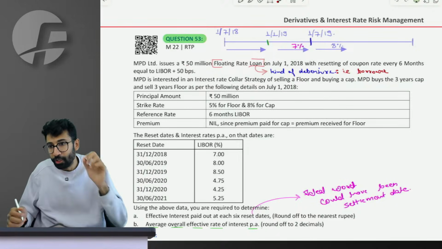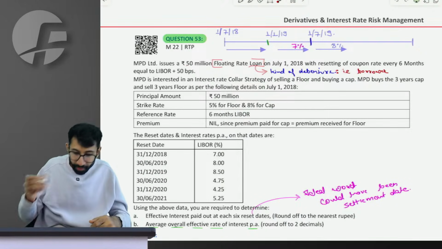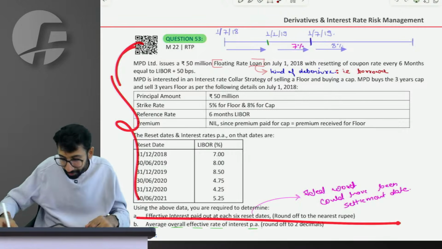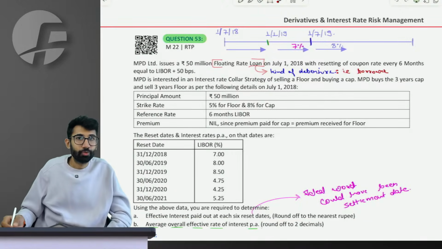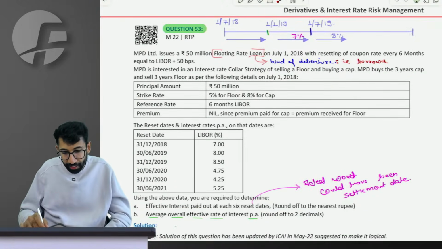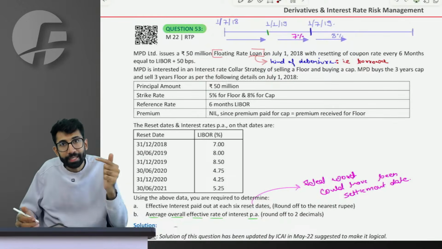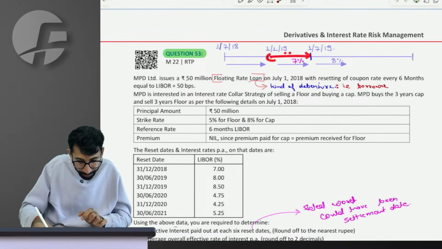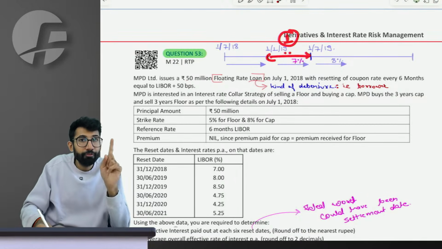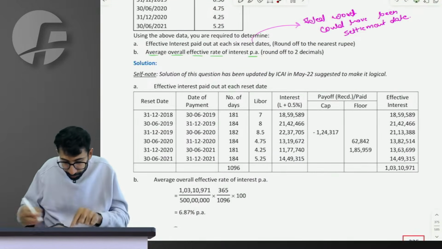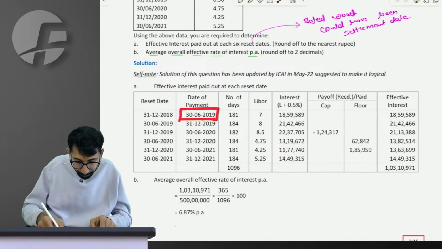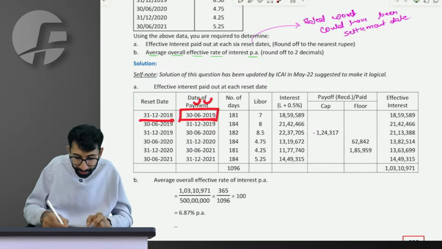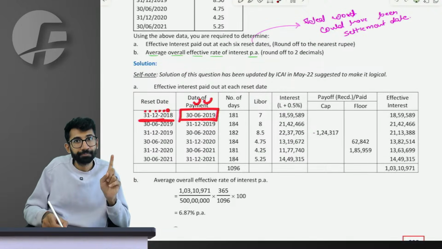Everyone in the class, you know what is the main point of learning? The main point of learning is knowing the detailing. My first period is now to be considered from 1/1/19 to 30th June 19, because the reset date is 31st December 18.